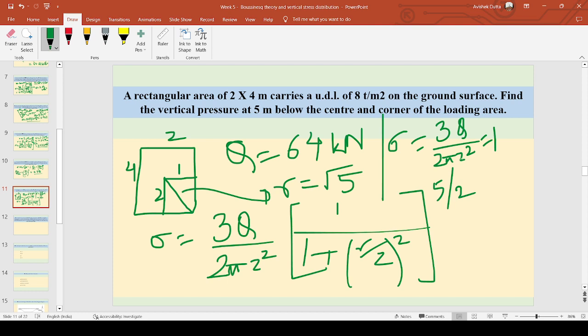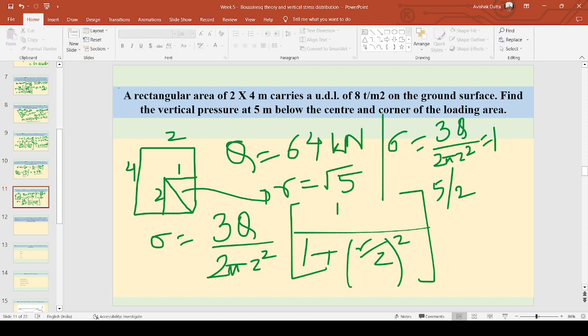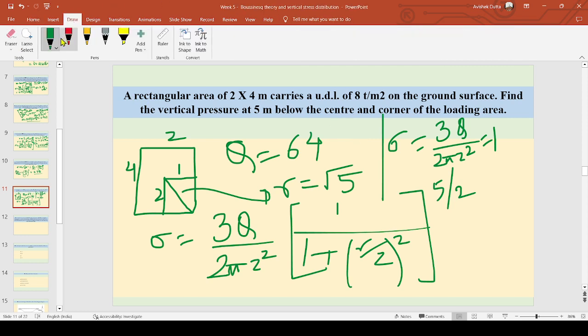this load will not be in kilonewton, this load will be in the unit given in the question, that is ton. The answer will also be in ton per meter square, 1.22 ton per meter square.